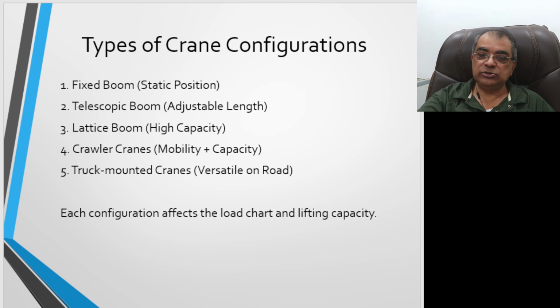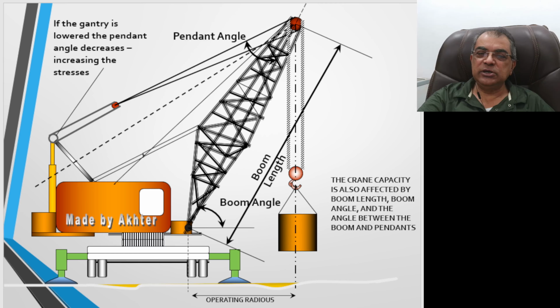different types of cranes. So each configuration affects the load chart and lifting capacity, as I have told. So let us try to understand the operating radius, boom angle, and the boom length. Boom length, you can understand if you can see my cursor from this point to this point, it is the total boom length.